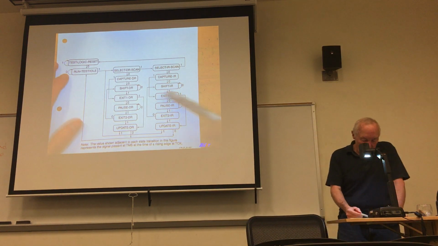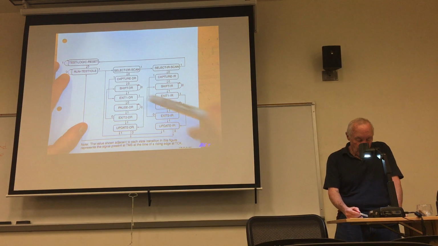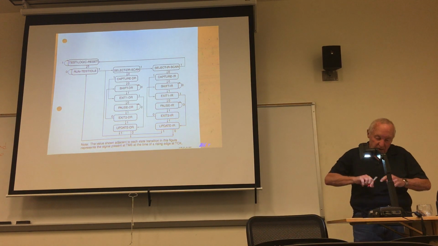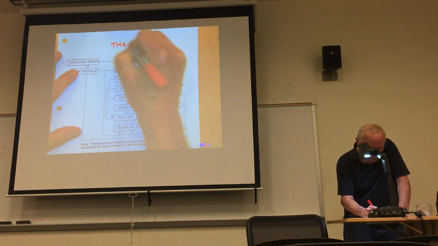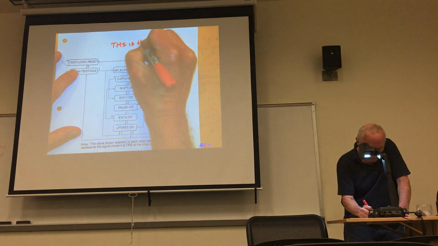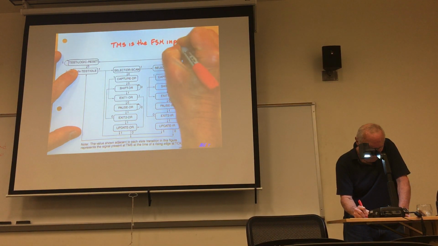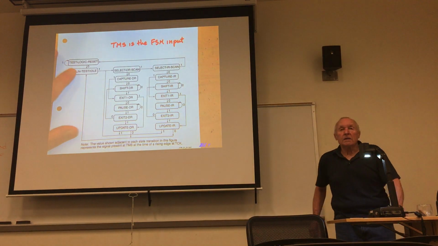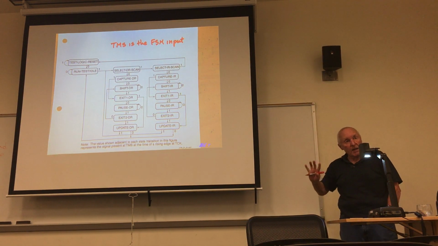First of all, you notice on the state transitions, this is a Moore finite state machine. The input to the finite state machine, I'll write this up above. TMS, test mode select, is one of the 4 pins for JTAG.